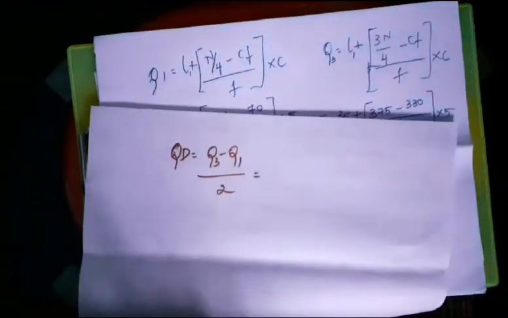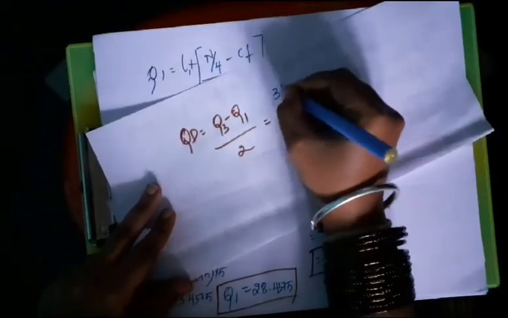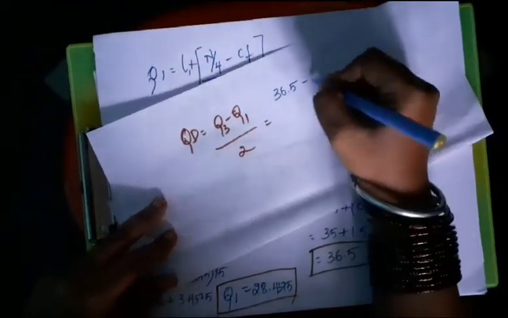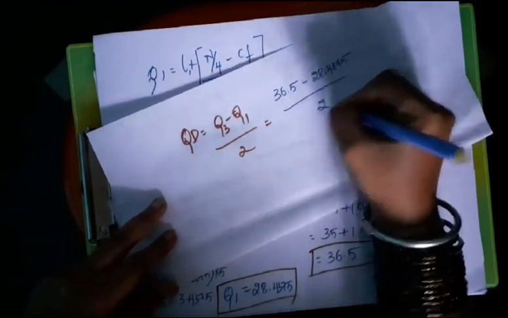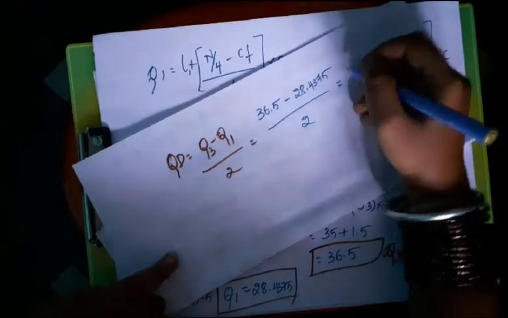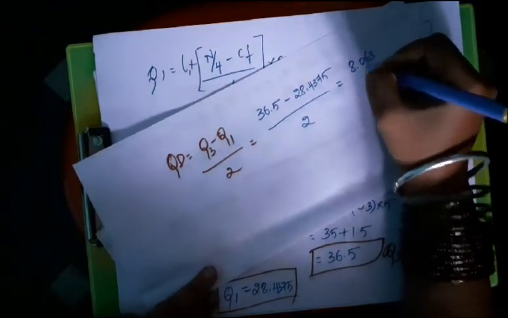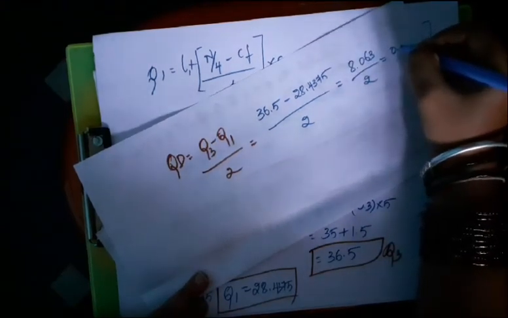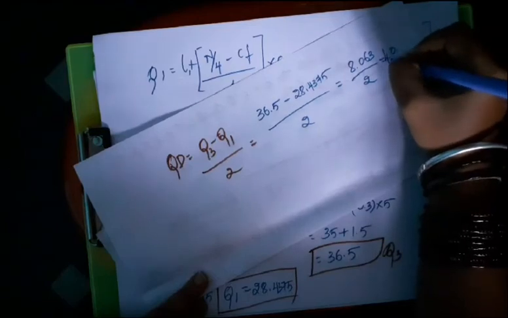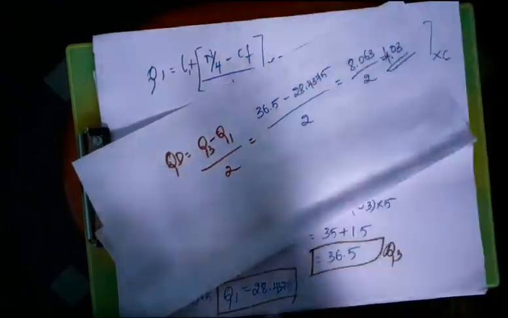So Q3 is 36.5 minus Q1, 28.4375, divided by 2. You will get 8.063 divided by 2, that is 4.03. So 4.03 is your quartile deviation.